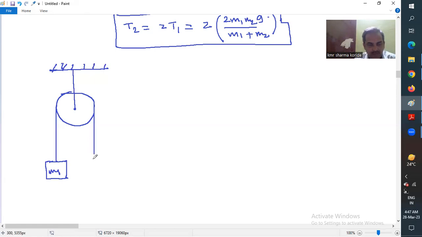Let us say this is the body of mass M2, and there is another body connected. This is going to be M3.